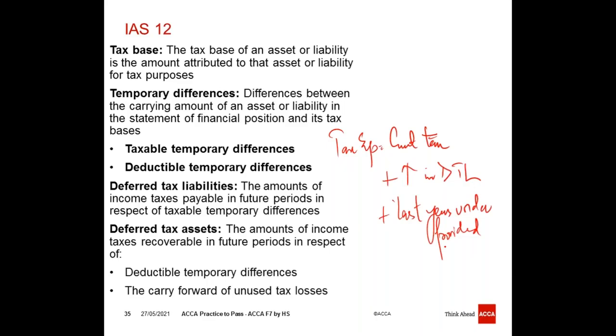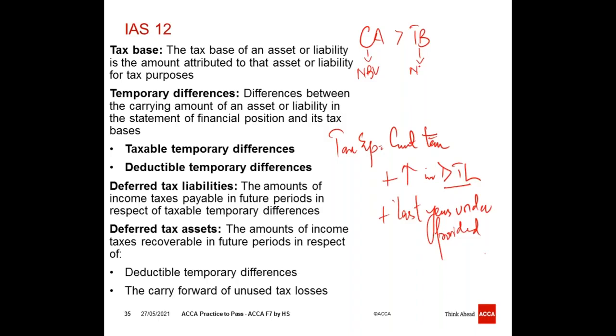The current tax plus increase in deferred tax liability means that if there's a decrease in deferred tax liability, it should be deducted. And last year's under or over-provided tax. With reference to the deferred tax liability, you need to see whether the carrying amount of an asset is greater than its tax base. Carrying amount means simply the net book value with respect to accounting rules, and tax base means the net book value with reference to the taxation rules.